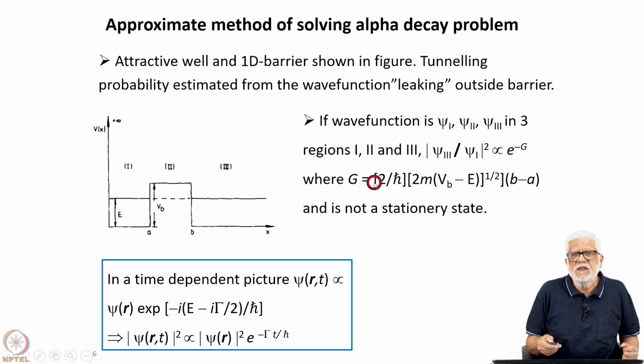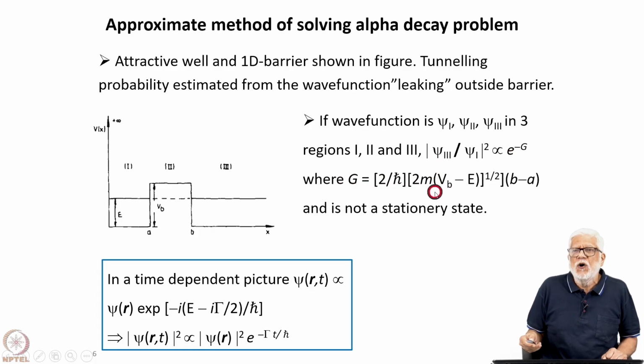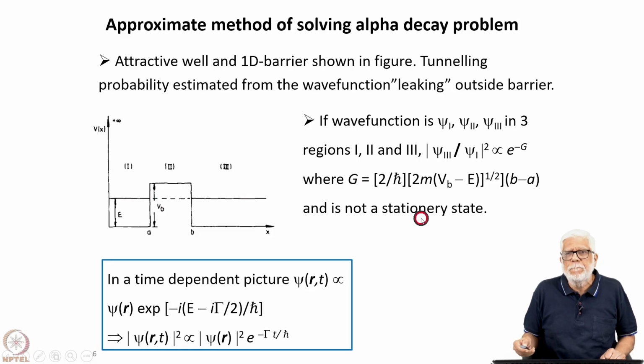If the wave functions psi 1, psi 2, psi 3 are in regions 1, 2 and 3, then the modulus squared of psi 3, the wave function outside, divided by psi 1, the wave function inside, is proportional to an exponential of minus G, where G has a square root dependence on the difference in energy between the barrier and the energy of the alpha inside the well. And of course, this means that this is not a stationary state.